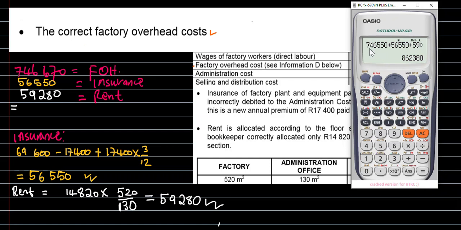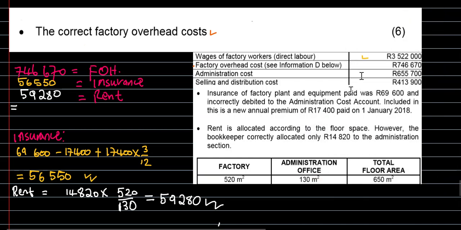We wrote this there, 746,550. So let's do it again: 746,670 plus 56,550 plus 59,280. Then we have 862,500. It's 862,500.